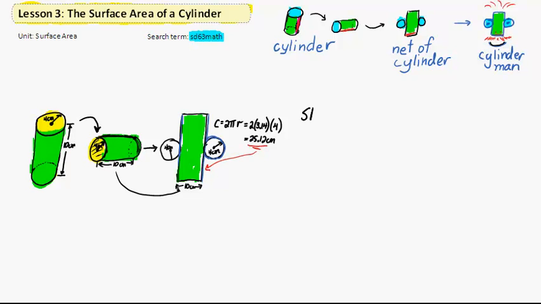The surface area of the cylinder is equal to the area of the wall of the cylinder.